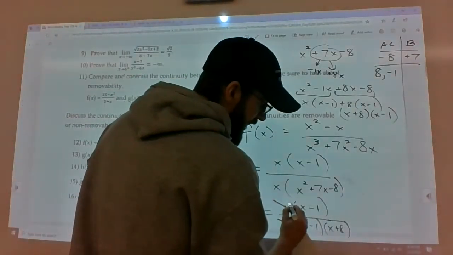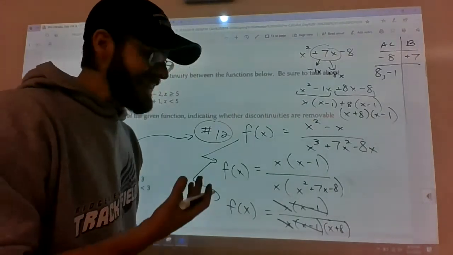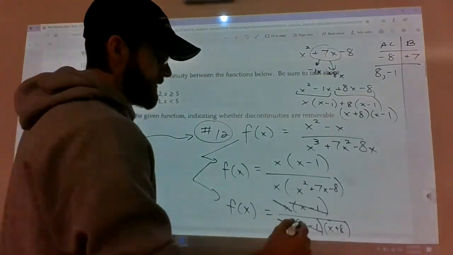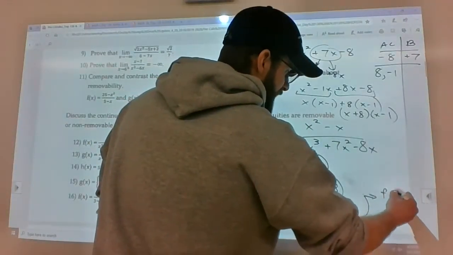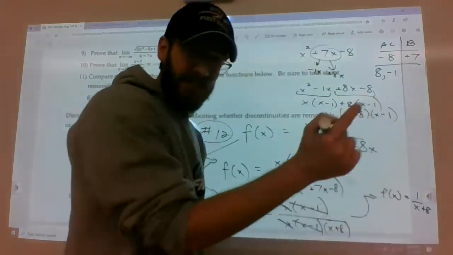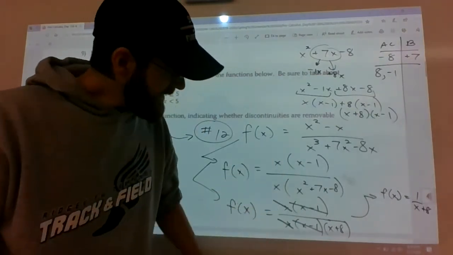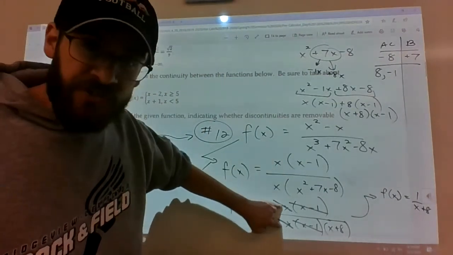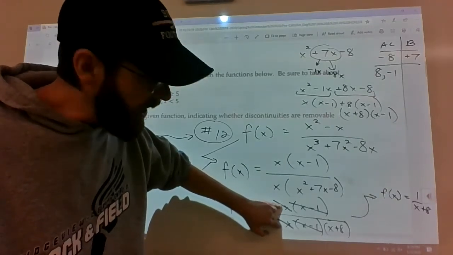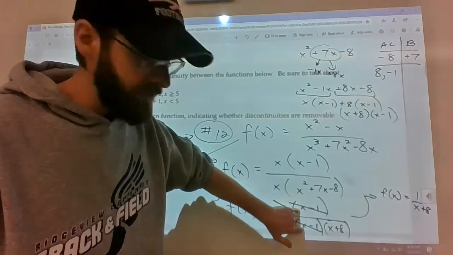The factor of x minus 1 equals 0 cancels out, leaving us with the function f of x equals 1 over x plus 8. That's a function with an asymptote at x equals negative 8, in which x equals 0 yields a hole in the graph, and x equals positive 1 yields a hole in the graph.